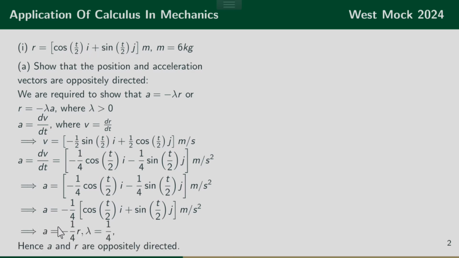So I can say a equals negative 1/4 r, where lambda equals 1/4. So I have shown that the acceleration vector is equal to negative 1/4 multiplied by the position vector, and lambda is 1/4, which is positive. This makes the whole scalar negative. Hence, a and r are oppositely directed.